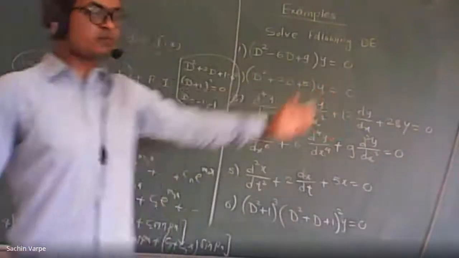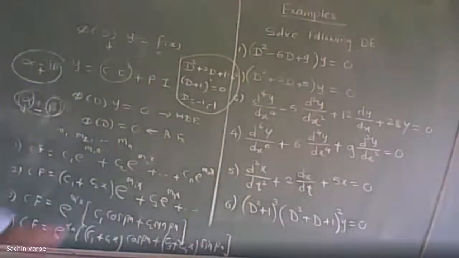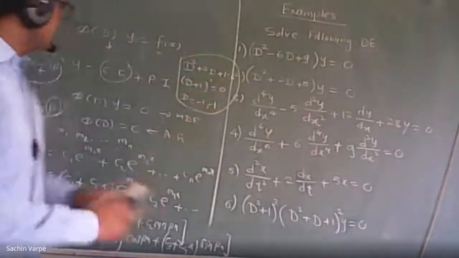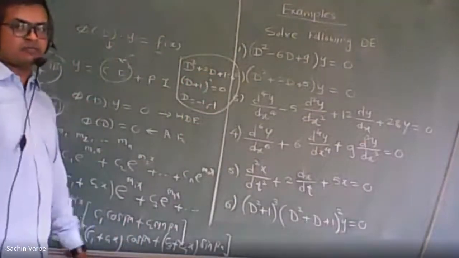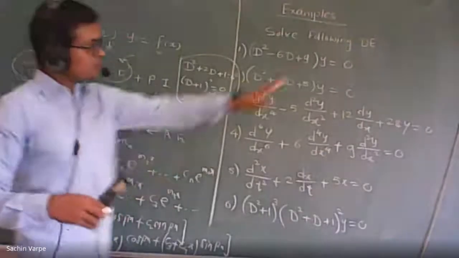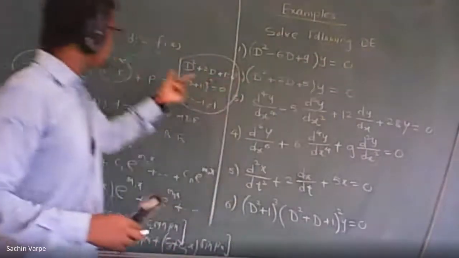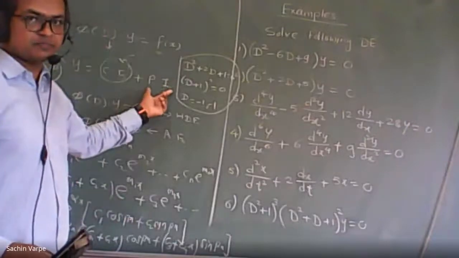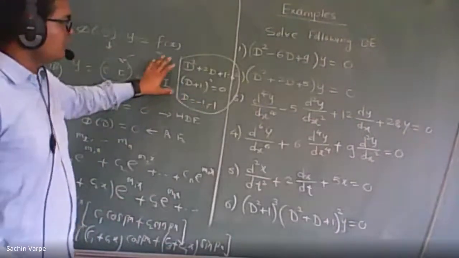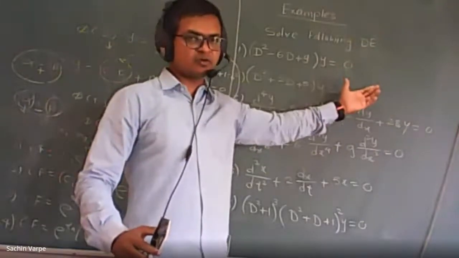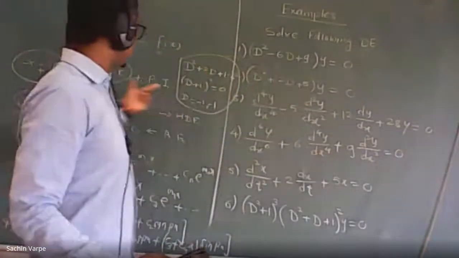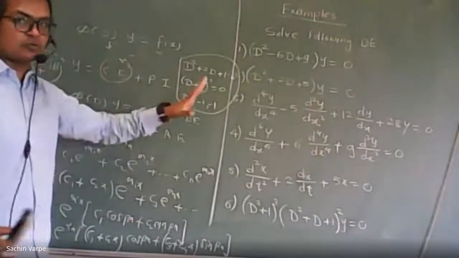So there is no function on the right hand side, so only the complementary function will be the complete solution. Remember. And if there is a non-zero function on the right hand side, then the particular integral will be there. Okay, we'll discuss it later on. But since the right hand side function is 0, the complementary function is the only general solution, remember.